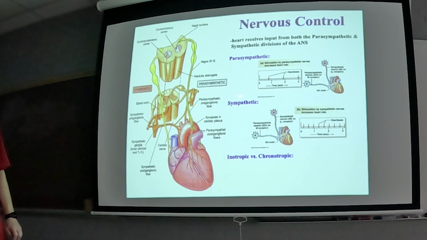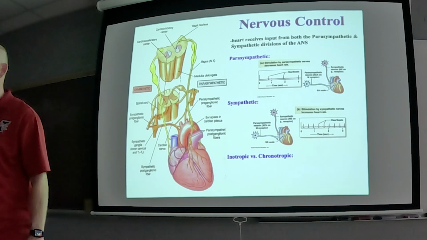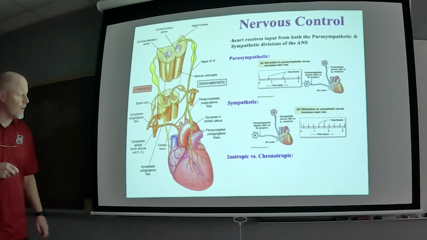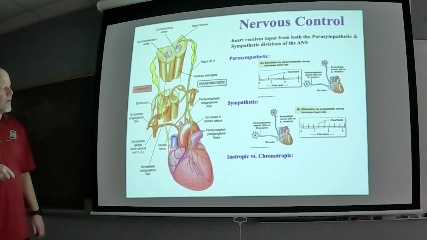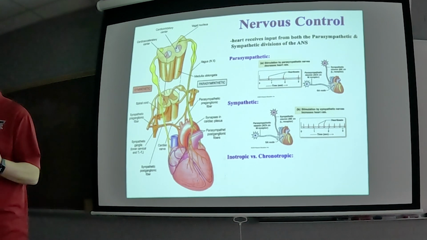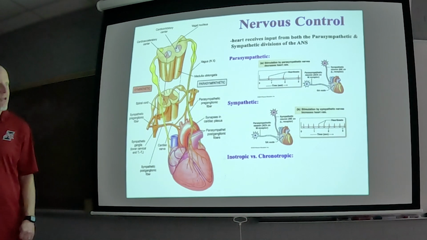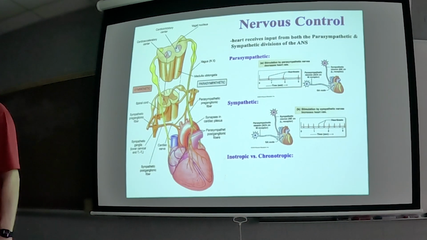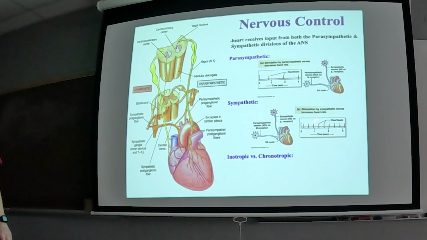The sympathetic nervous system is going to deliver its nerves through what are called cardiac accelerator nerves, right? And those cardiac accelerator nerves are going to, again, innervate the SA node and the AV node. And what they do is they release norepinephrine, which will do this to the EKG.